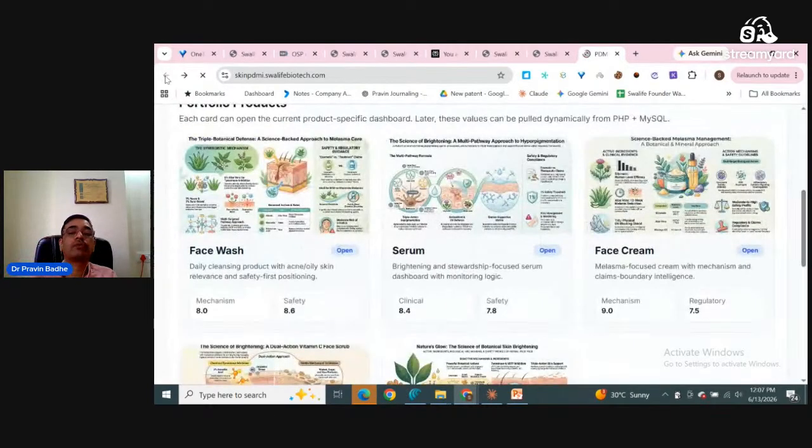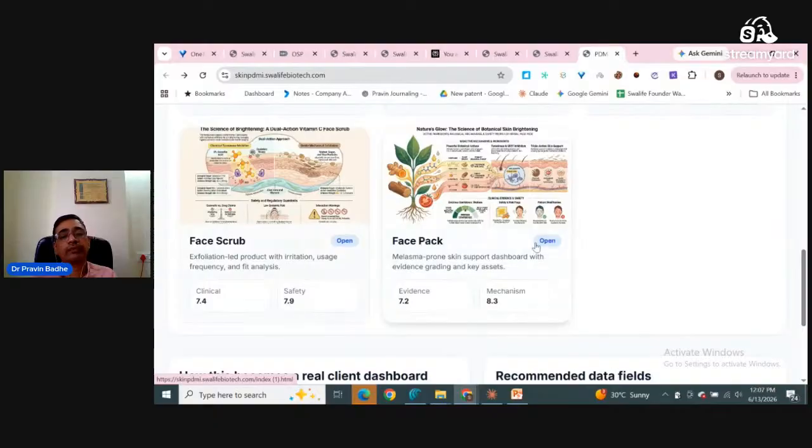The information we got from the large language model is similar for all the others like face wash, face cream, face scrub, and face pack, which are generally used by people. But we are not connecting face scrub and pack only for general use; we are connecting them with the melasma disease, or even with UV-induced skin damage or any skin problem.